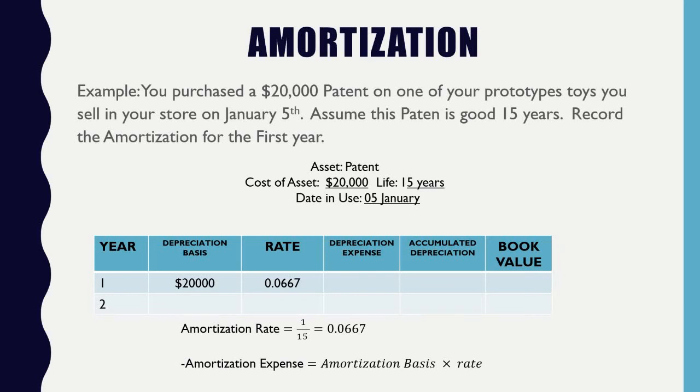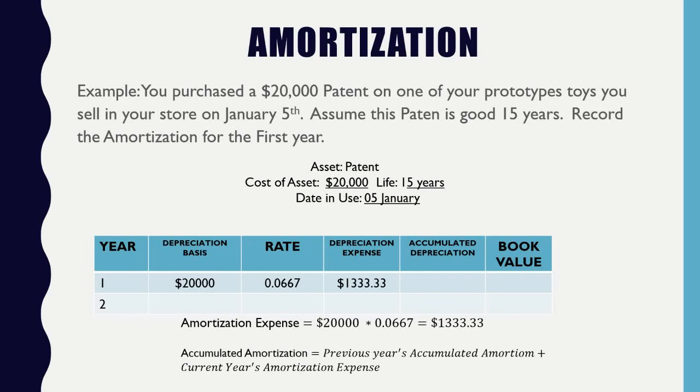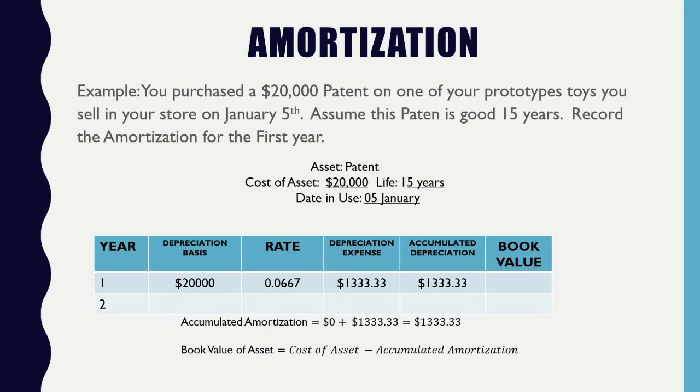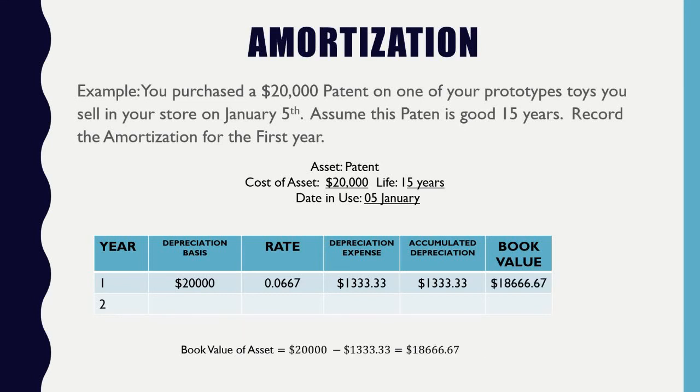And then you're going to figure out your expense. Your expense is going to be basis times rate. So you're going to take your 20,000 and multiply it by the 0.0666 or divide it by 15, whichever one you want to do. And you're going to get $1,333.33. Then your accumulated is going to be that exact number, and your book value will now be 18,666.67.